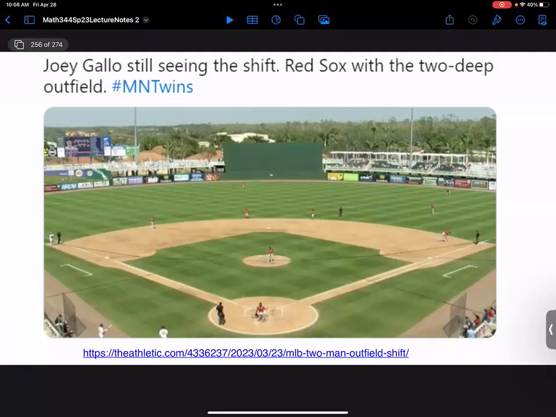In a ridiculous situation like this, it may not be minimizing the average number of runs allowed, but it would probably be maximizing my chance of winning. And so I'd be quite happy to have a situation where, look, if I'm going to lose, I'm fine with the blowout. I want to just increase the number of times I'm going to win.